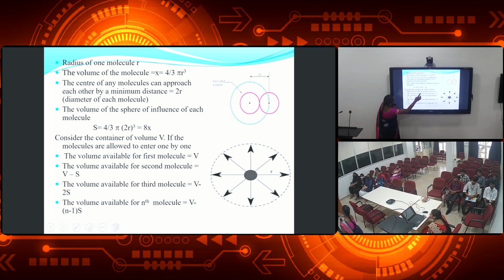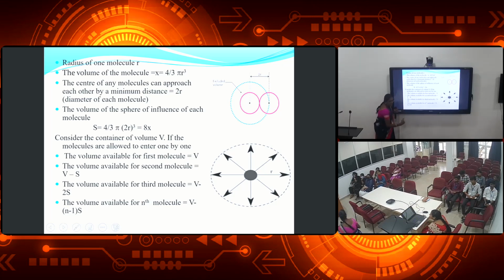If the molecules are allowed to enter one by one, the volume available for the first molecule is V. The first molecule makes a sphere of influence, so the volume available for the second molecule is V minus s. For the third molecule, V minus 2s.